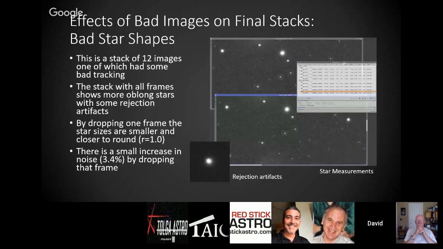And then what you can see here is I'm measuring the stars and their eccentricity and everything. And there's clearly, in the one where I just combined everything, a few issues. You can see this star down here, and it's got a little notch in it, right? This is one of the issues you can sometimes see when you include, you know, this particular image had a lot of elongation in that star.